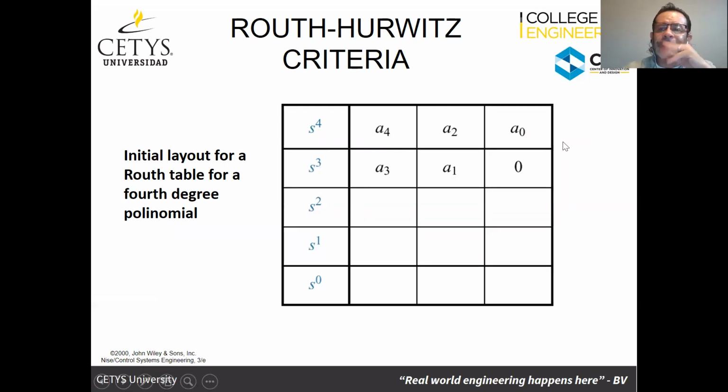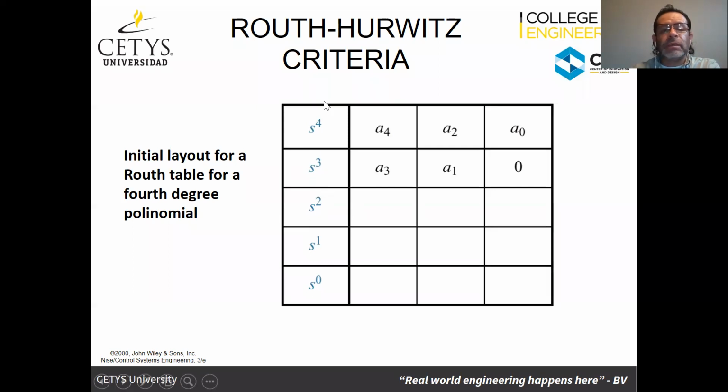Basically, the Routh table is based upon the characteristic equation, which is the equation of the denominator of the transfer function of our system, where we're going to be getting the poles. Remember, the poles give us information regarding stability. The first thing we do is the Routh tabulation, where we establish the different degrees of the polynomial.